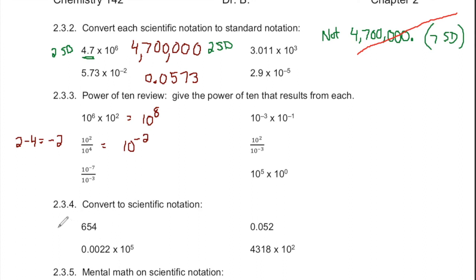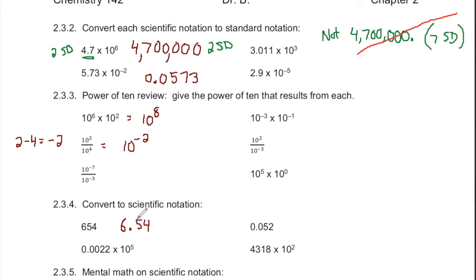Let's try converting this to scientific notation. We have to make this into a term that has the decimal between the first two digits, so a number between 1 and 10. We're starting with a number that is not between 1 and 10, and we're changing it so that it is between 1 and 10.